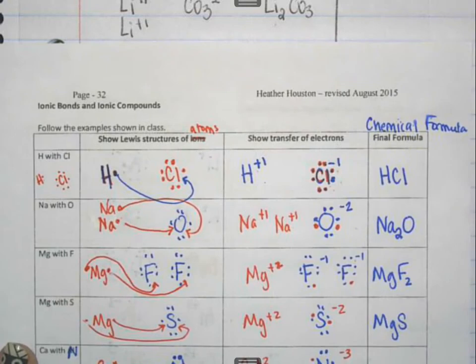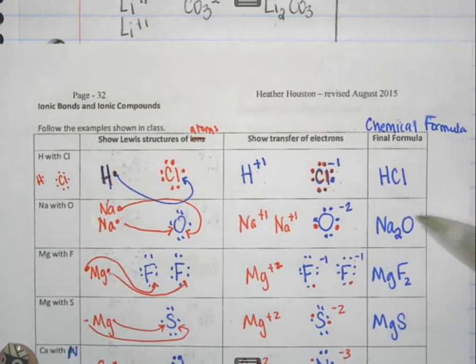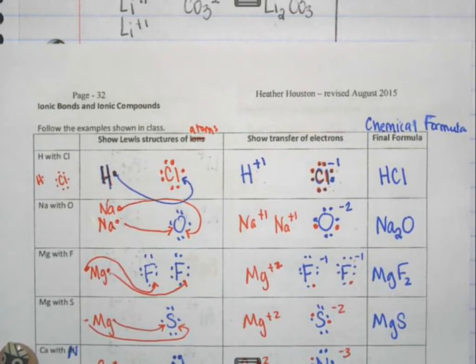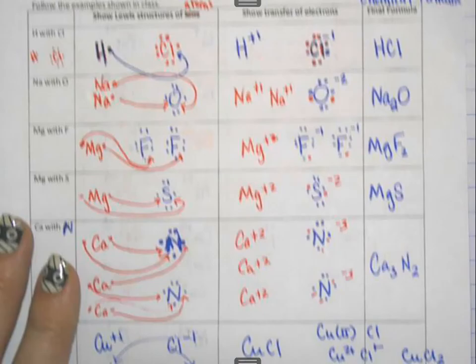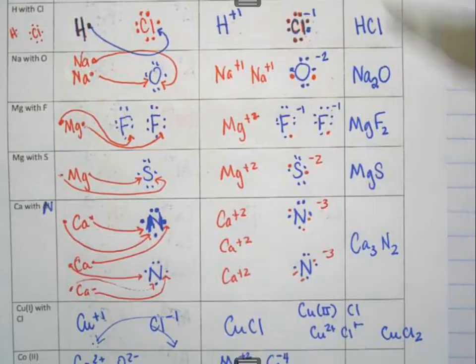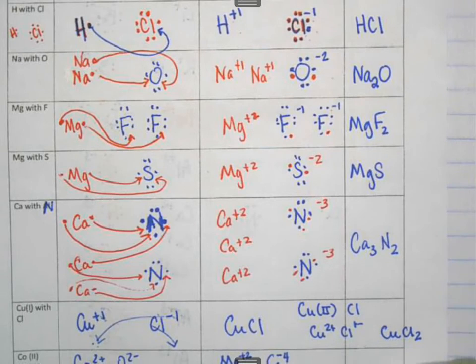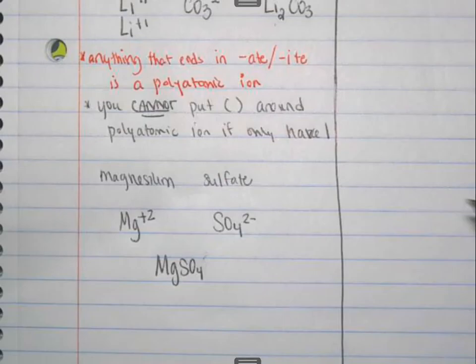Okay, but look, did I put any charges here? In my final formulas, do I have any charges over here? No? Because they cancel out and they add up to 0? I used the charges to help me figure out how many I needed of each thing. But no. I don't put the charge up there in the final formula.